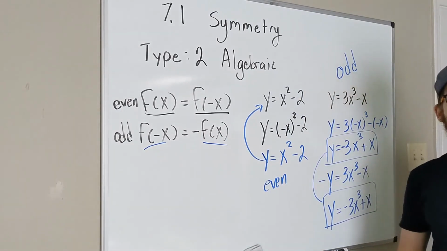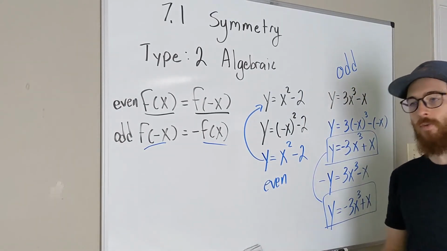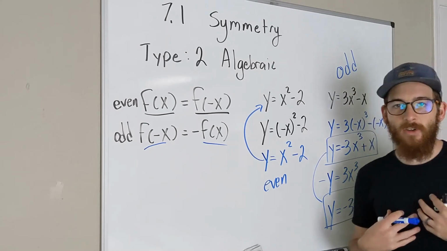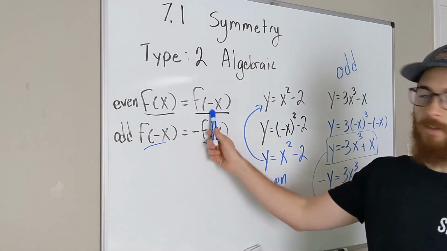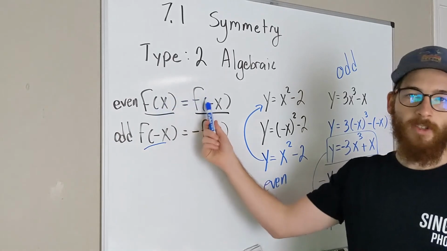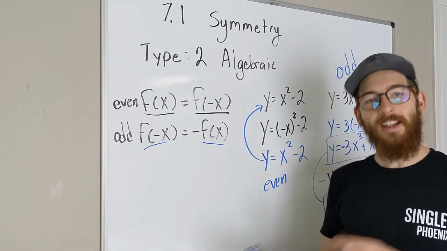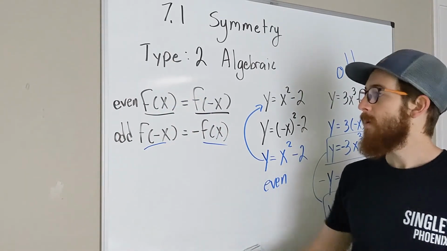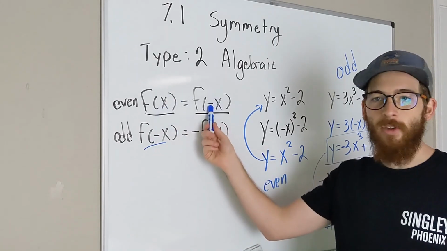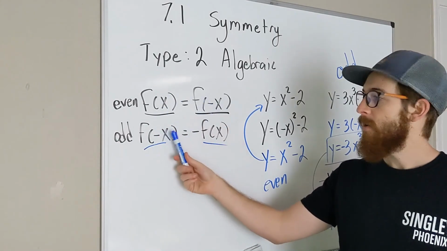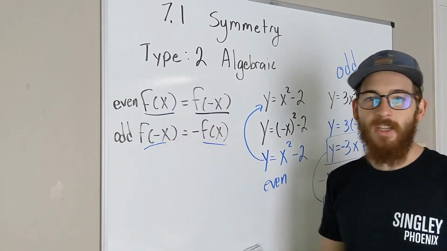It may take a few attempts to get the hang of which one goes where, but one thing I do is always check even first, because that's one step. You can always check even functions faster than odd functions, because you have to do that step for odd anyway, so you might as well check if it's even to begin with.